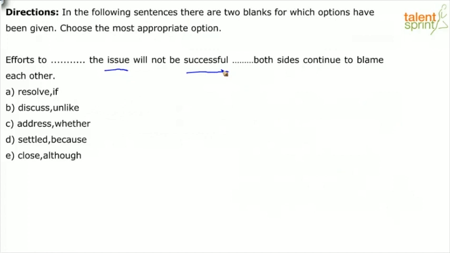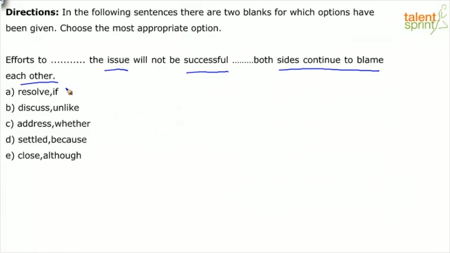So efforts to do something so that the issue is successful, it's not going to happen. And then I have if, unlike, whether, because, although. Both sides continue to blame each other. If this is what continues to happen, you're not going to achieve what you're looking for, right?